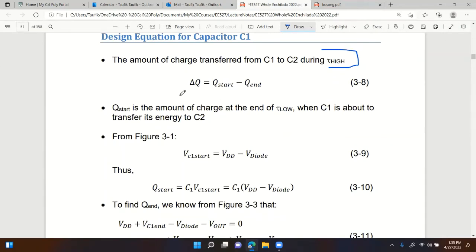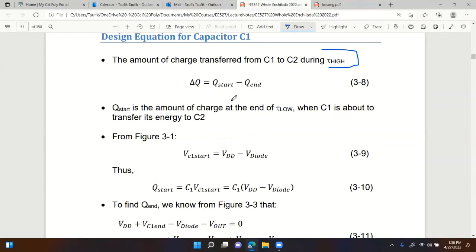So when the switch is in the high position, that's when we transfer charge from C1 to C2. The amount of charge that is being transferred is called delta Q, equal to Q start, the beginning of the transition, minus Qn, the end of the transition.